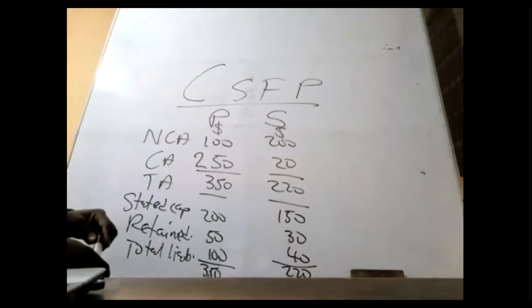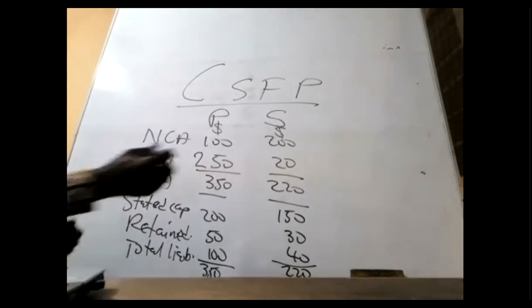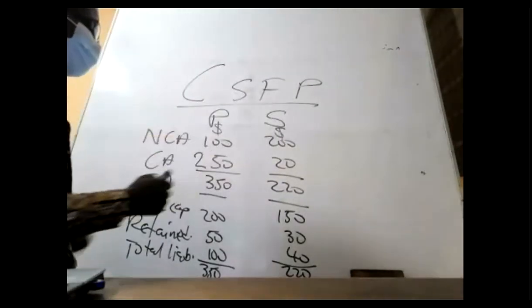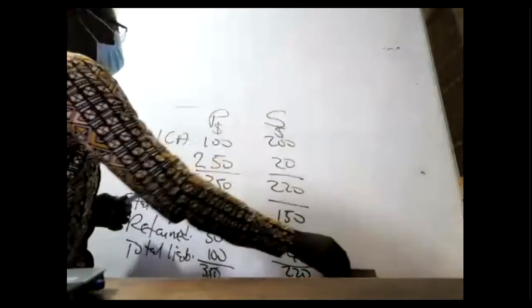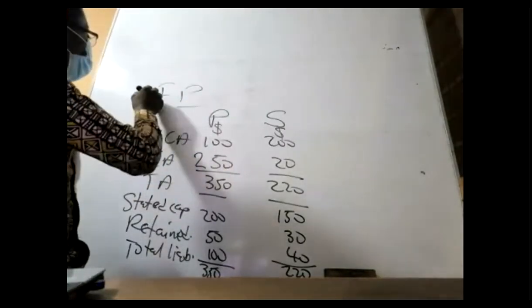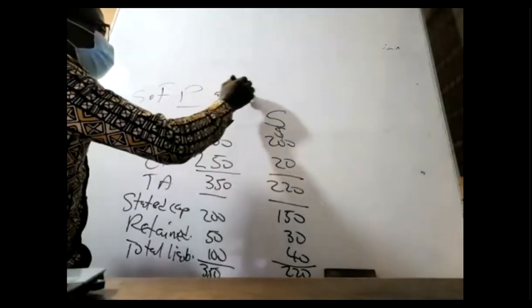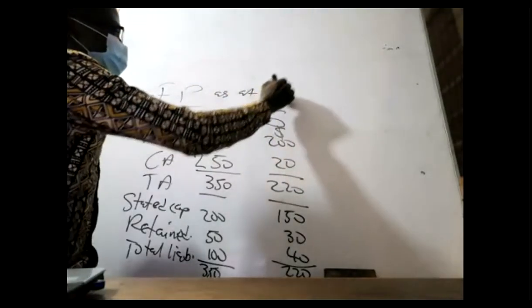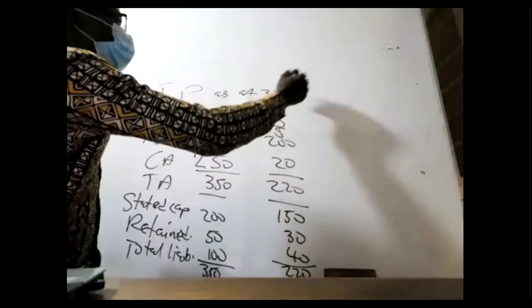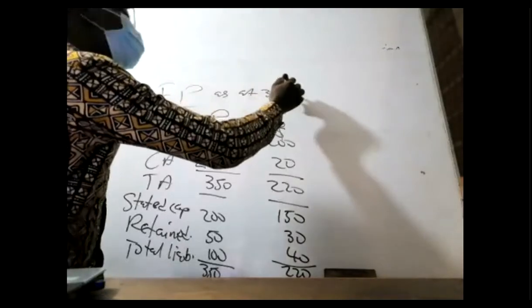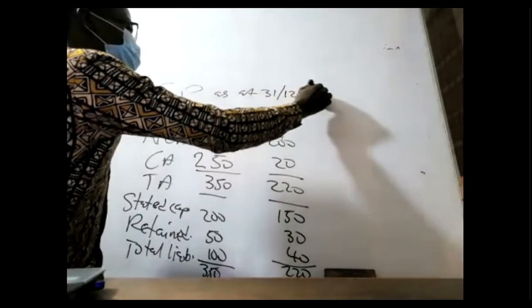Good. Okay. So, third examiner, this balance sheet is the statement of financial position as at 31st December 2019.